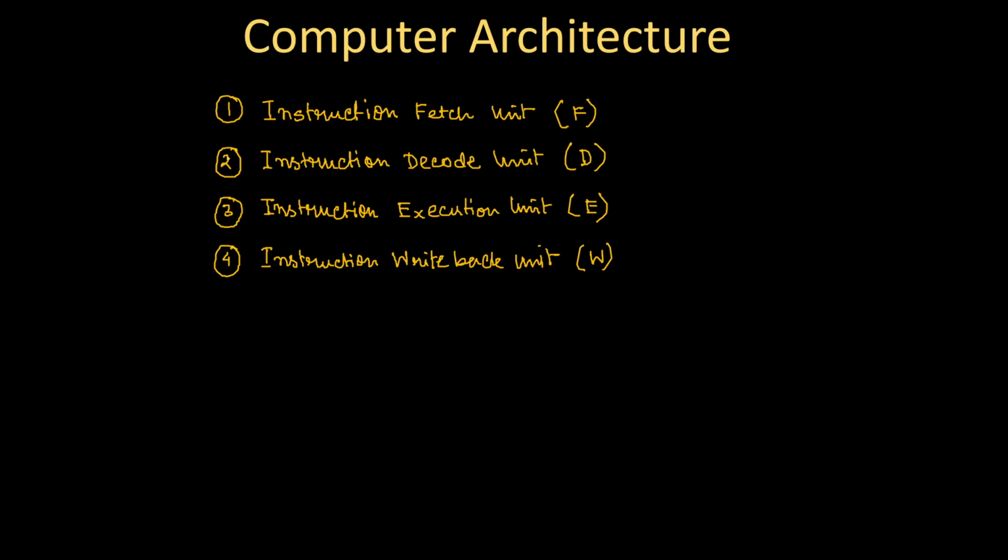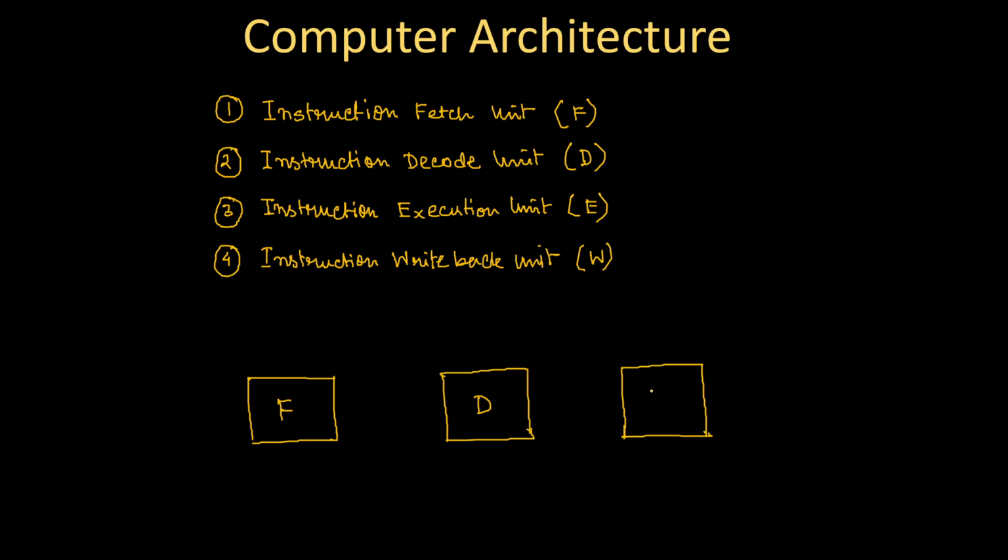With respect to timing, which particular unit is used at which point of time, if you order them from left to right, we can easily understand that first F will come, then D, then E, and then W. So it will look something like this: I will have a black box representing the instruction fetch unit, then another black box representing the instruction decode unit, say D, then another black box representing the set of components for executing, that is the execution unit, and then the components responsible for writing the result in the memory, right?